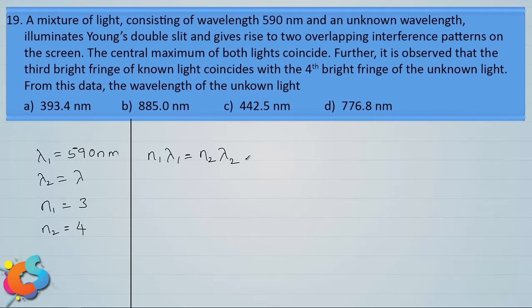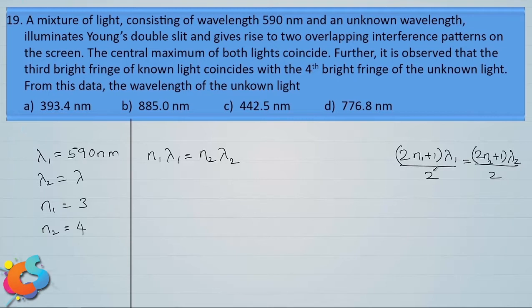Dear students, make a note here that when bright coincides with bright, you can make use of this formula: N1 lambda 1 is equal to N2 lambda 2. When dark coincides with dark, you can make use of the expression 2n1 plus 1 into lambda 1 by 2 is equal to 2n2 plus 1 into lambda 2 divided by 2.